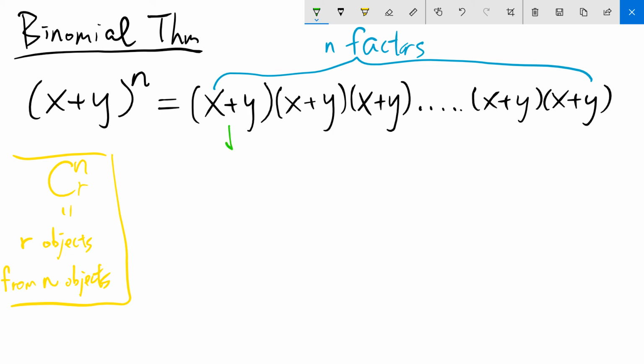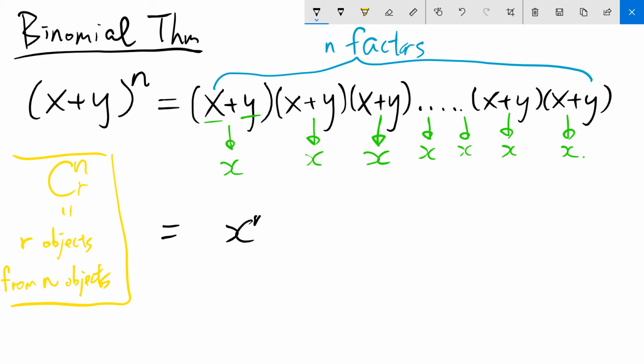Let's say for the first factor we have x and y, two terms, and we choose one only. Let's say we choose x. For the second factor we also choose x, for example, and the third factor we choose x, and for all the factors we choose x. What we need to do is to multiply them together. So we will get x to power n for this way of choosing the terms.